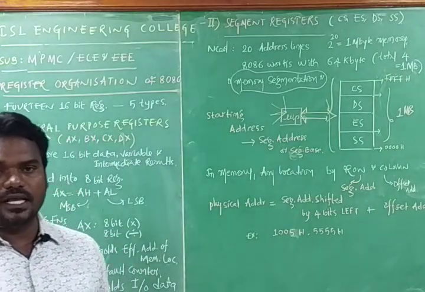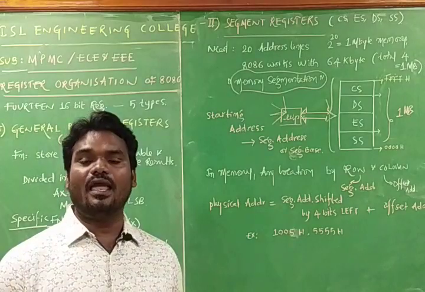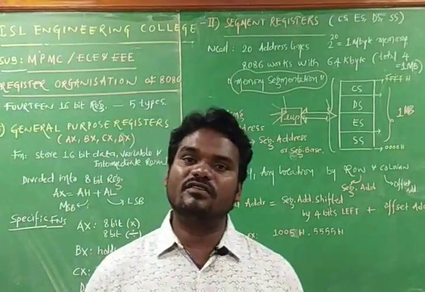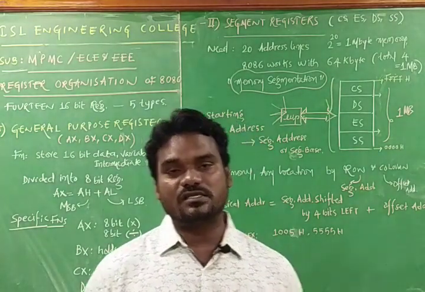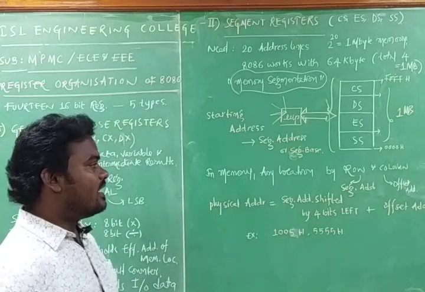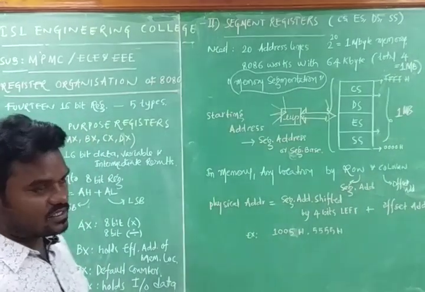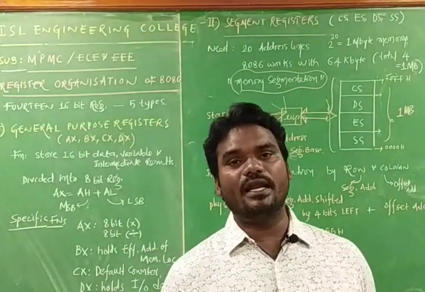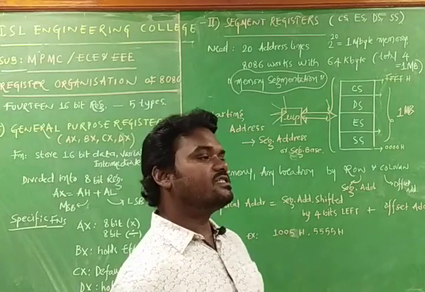As we discussed earlier, the 8086 microprocessor is a 16-bit processor, so it can handle 16-bit data and 16-bit instructions. Whatever registers are there internally in the 8086 microprocessor, all are 16 bits wide.